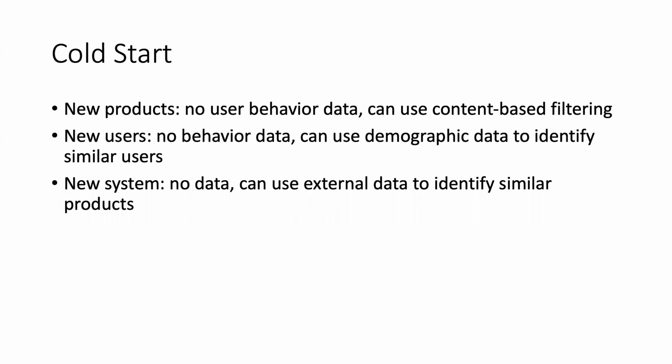The most challenging one is this last scenario, new system. That means no data at all, right? In that case, one solution is we can try to use some external data or maybe some similar systems.